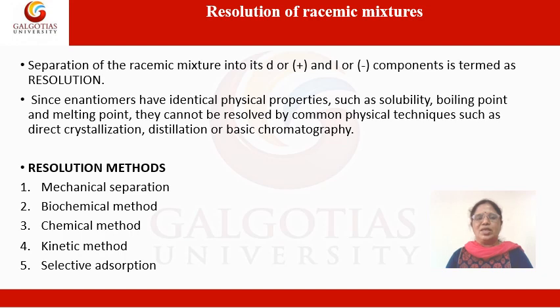Since the enantiomers have the same physical properties like solubility, boiling point, and melting point, they cannot be resolved by simple techniques like crystallization, distillation, or basic chromatography, which are generally used for separating compounds from a mixture.